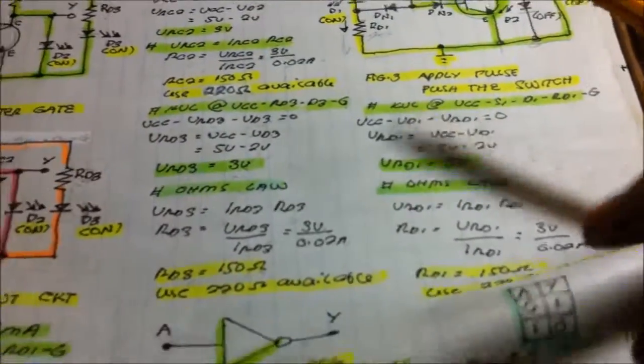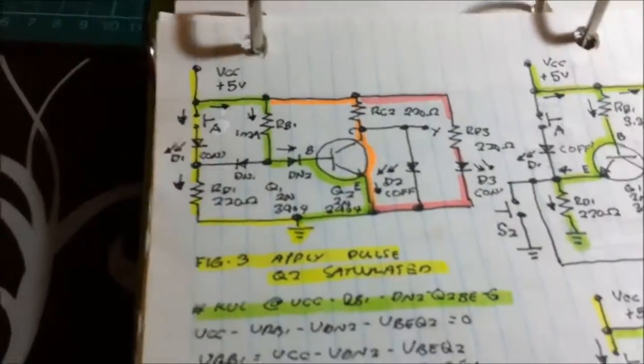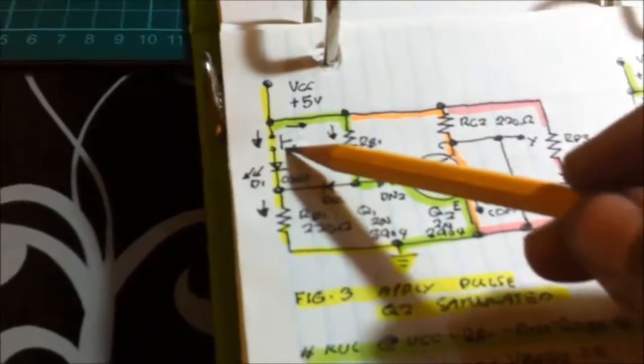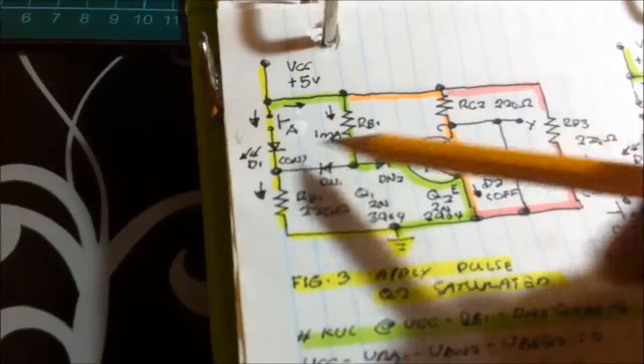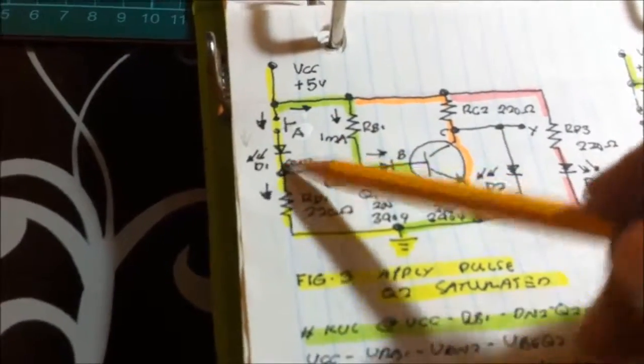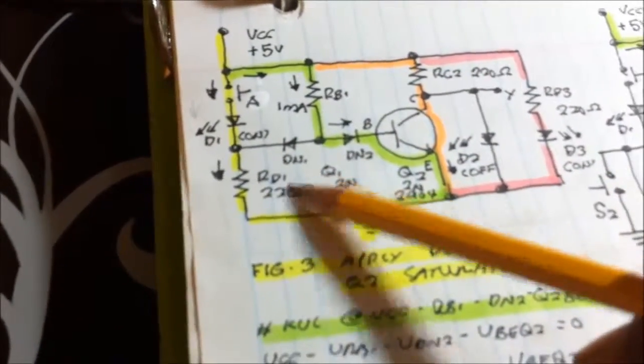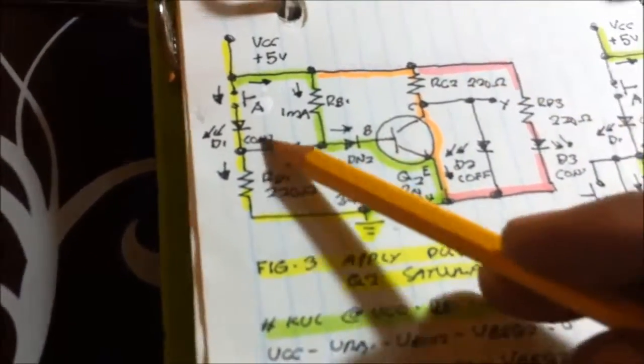Let us see again. When we push the switch here, current flows to the switch, to the LED, to RD1, to the ground.